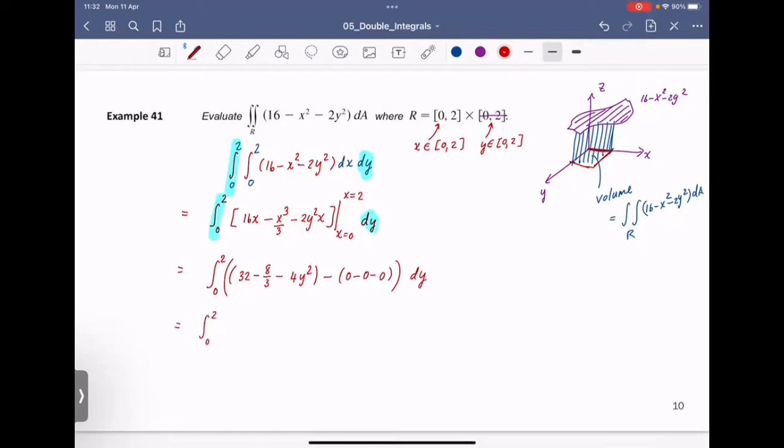I hate this number, 32 minus 8 over 3. 32 times 3, this is 96 over 3. 96 minus 8, use calculator, 88. 88 over 3, and then minus 4y squared dy.